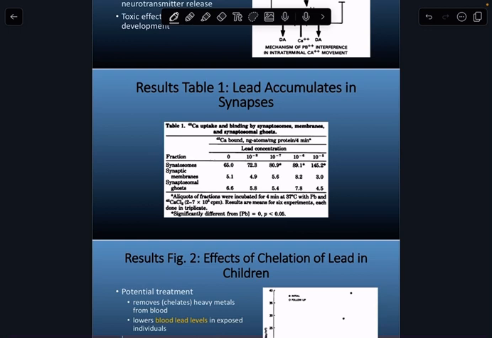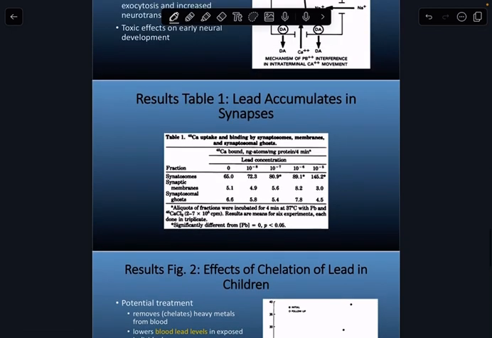So the experimenters looked to see how much lead was bound, and they used a radioactive isotope, so looking at calcium uptake. Basically they were looking at how much calcium was taken up, because remember the mechanism was lead causes increased release of calcium, and they used different concentrations of lead.